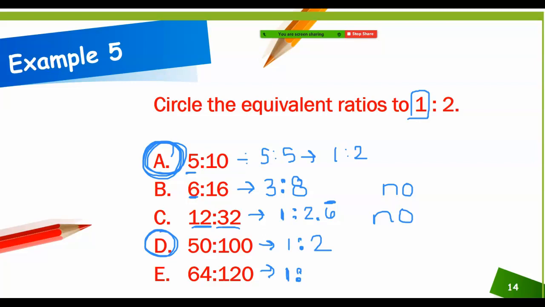I don't know what 120 divided by 64 is. It's 1.875. So is 64 to 120 the same as 1 to 2? No.